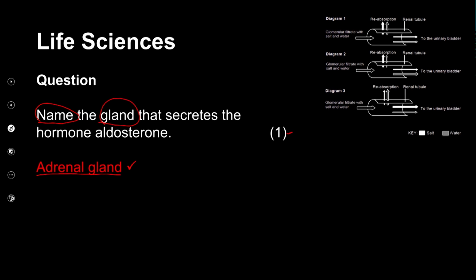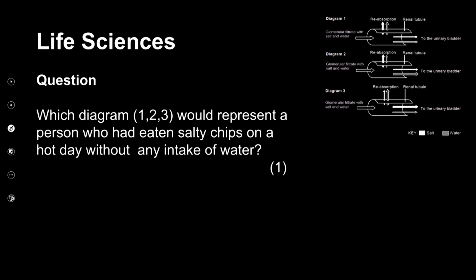Only 1 mark. Easy questions. Then the next question will say which diagram between the 3 diagrams that we interpreted at the beginning will represent a person who has eaten salty chips. This is key, salty chips, on a hot day without taking water.